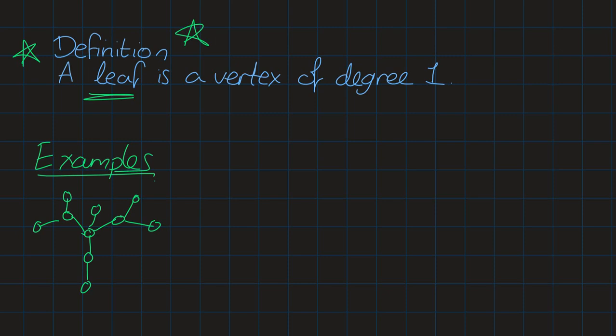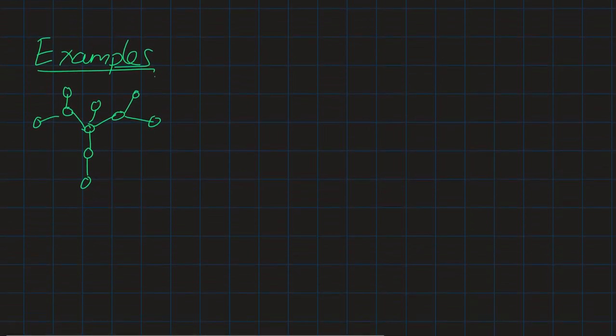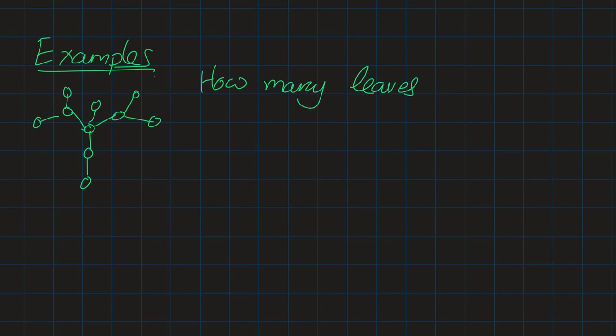I could just ask you how many leaves it has. You just need to count how many vertices of degree 1 there are. And this bit might be a source of a common mistake some people make, because this sort of looks like a real world tree. So you might think these are the leaves.